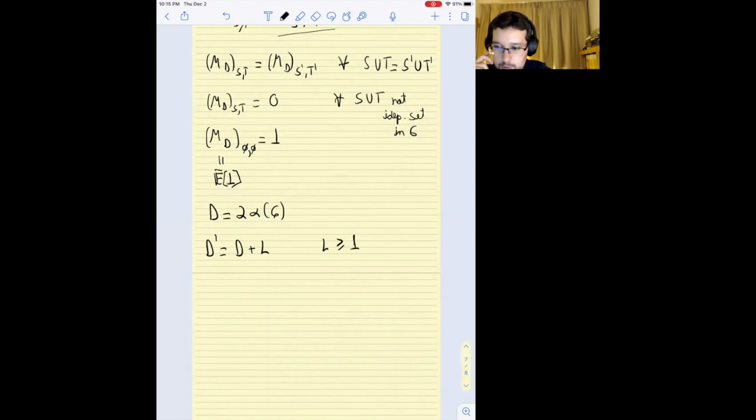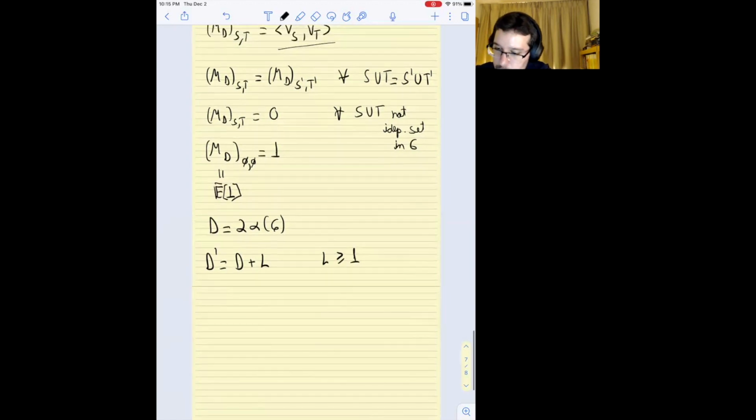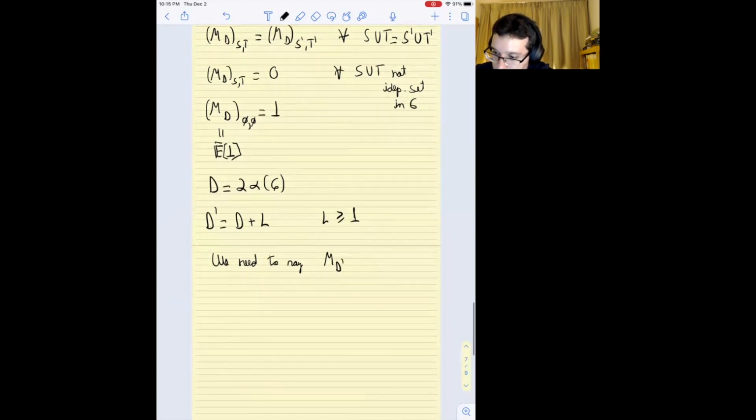What we need to do is to say what the moment matrix M_d' is, out of this. And we need to give a vectorization, equivalently.